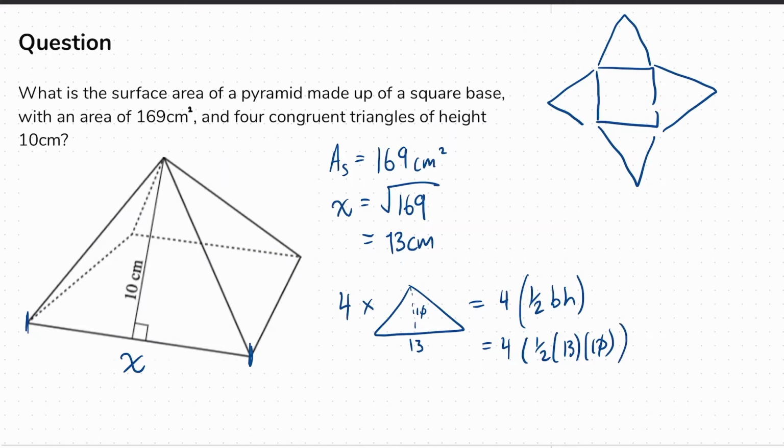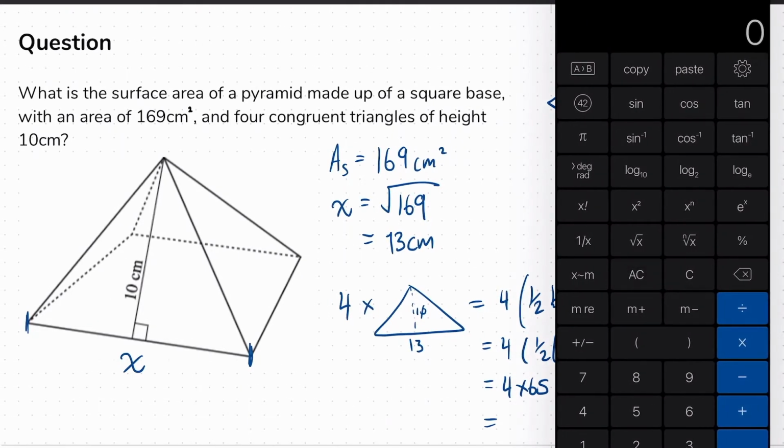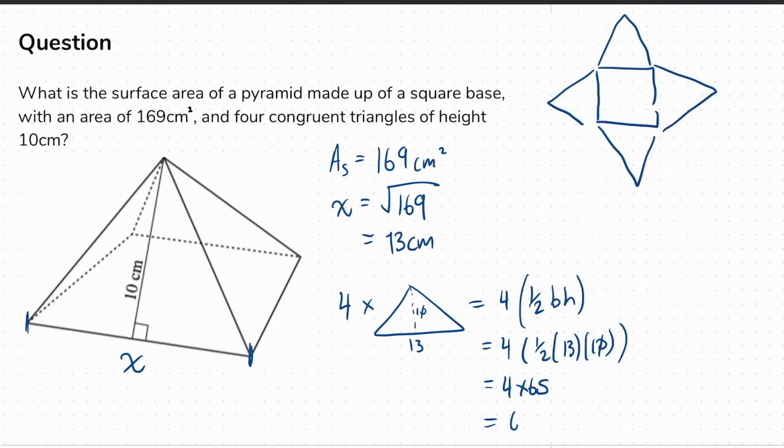So 5 times 13, 65. 4 times 65 equals, calculator up, 260 centimeters cubed.